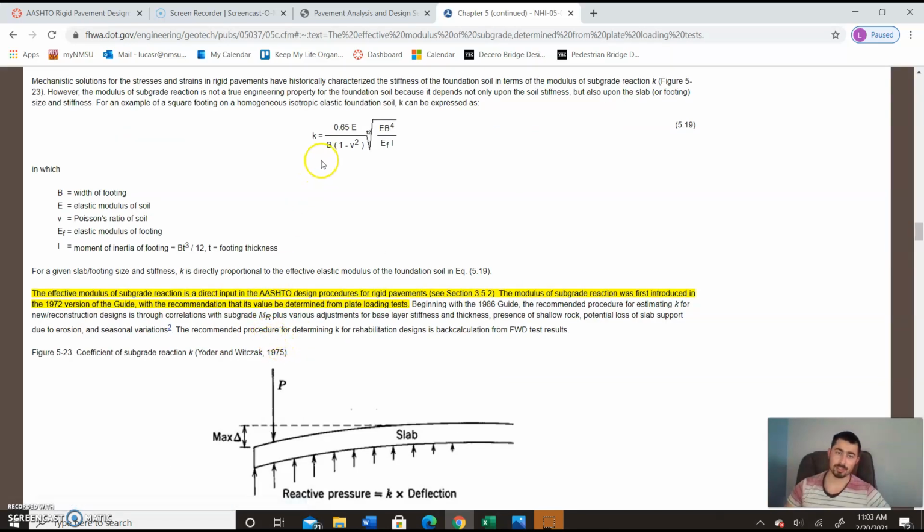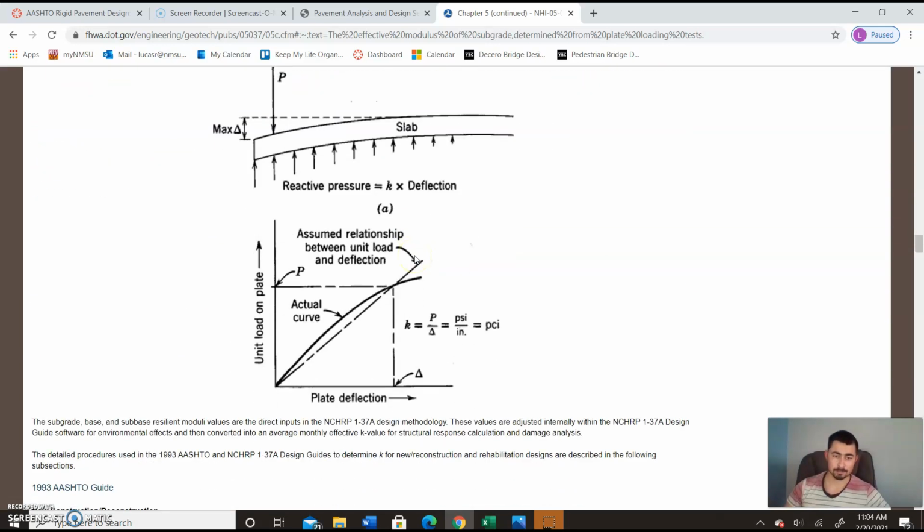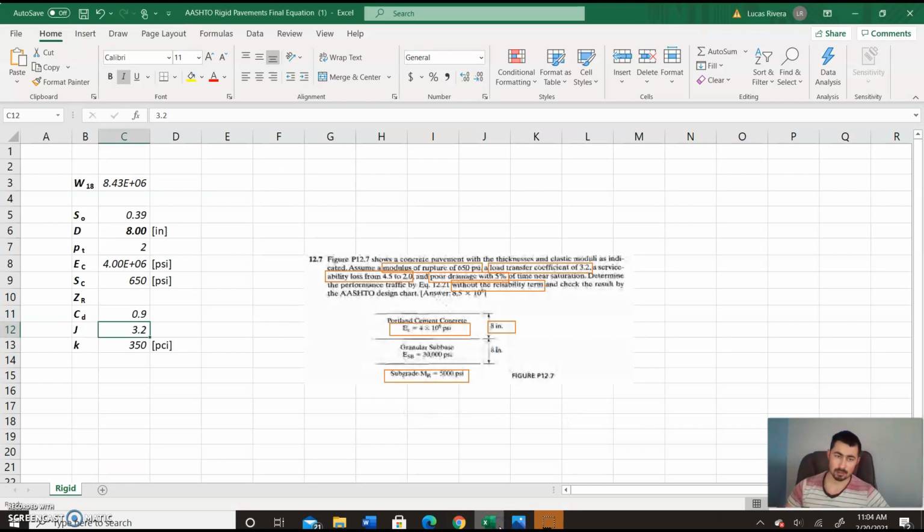So I would use this table to get the effective modulus of subgrade reaction. PSI divided by inches. Would that make sense if I got 350 times 8 inches? Close. Well, that was my input in the homework.